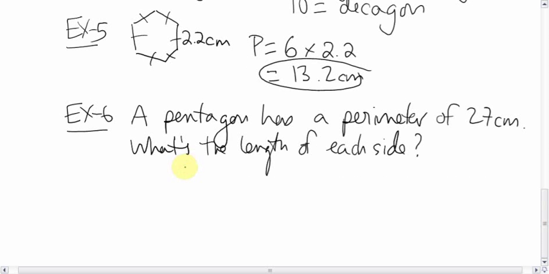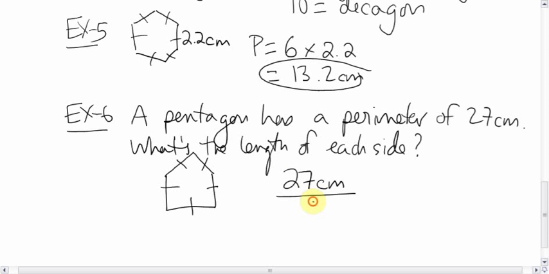Well, to do this, I would draw a diagram of the pentagon. And so we're told that the entire distance around is 27, so the perimeter is 27. What's the length of each side? Well, the good thing is the length of each side, they're all the same. So it's 27 centimeters divided into 5 equal sides. So it's just 27 divided by 5, which is 5.4.